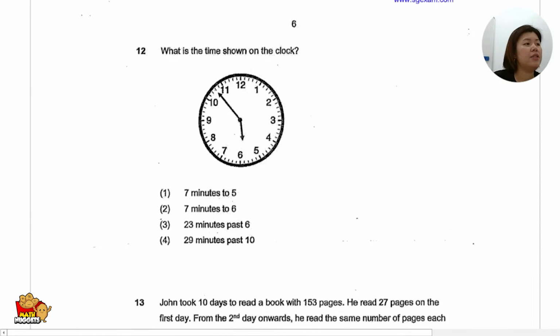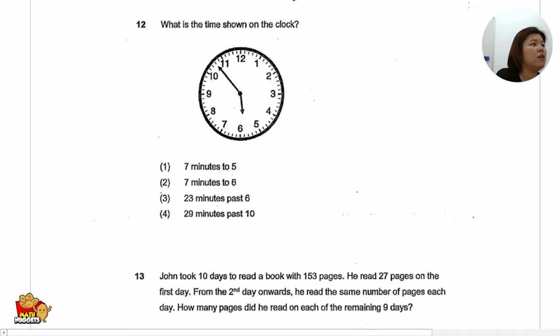Okay, here, what is the time shown on the clock? So if you can see here, it's not even 6 o'clock. So it means it's 5. Okay, and it's going to be 6.